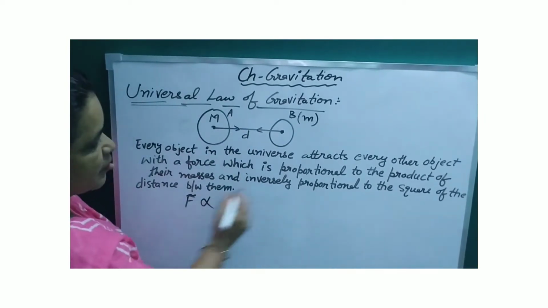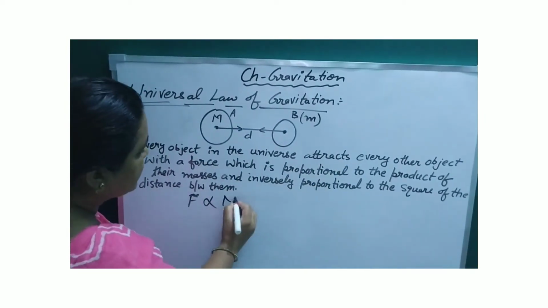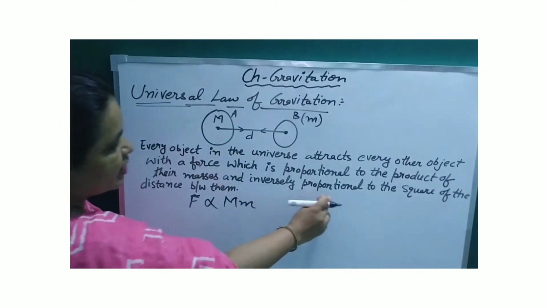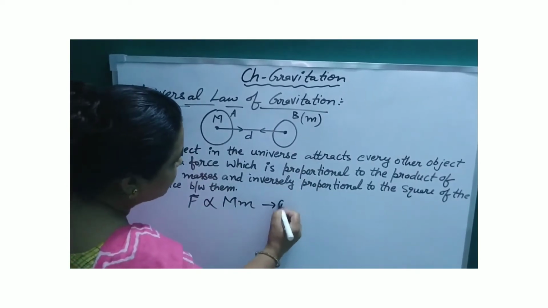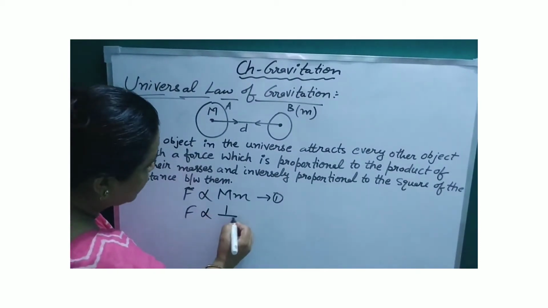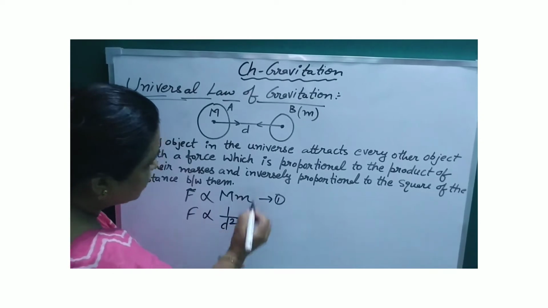F is directly proportional to the product of their masses, M into m, and it is inversely proportional to the square of the distance between them. So F is inversely proportional, meaning 1 upon d square.